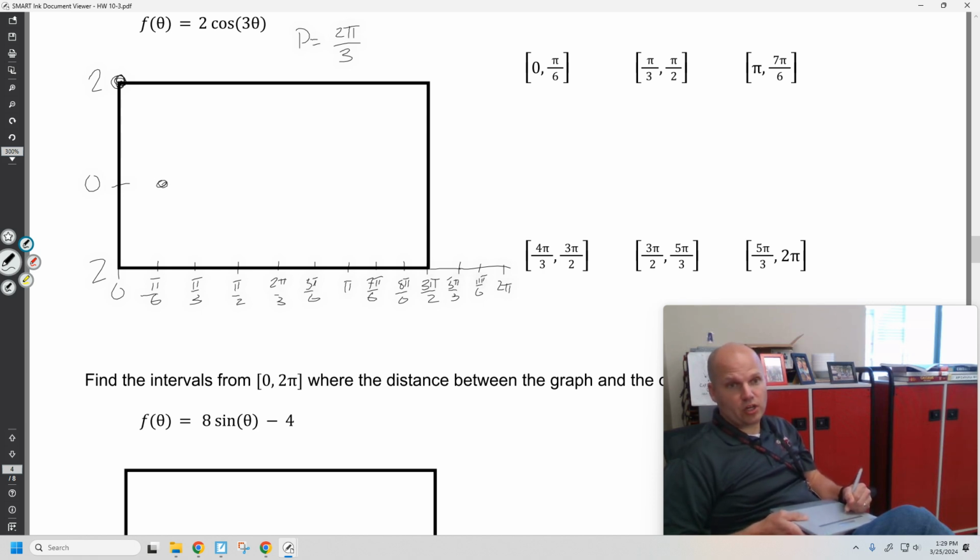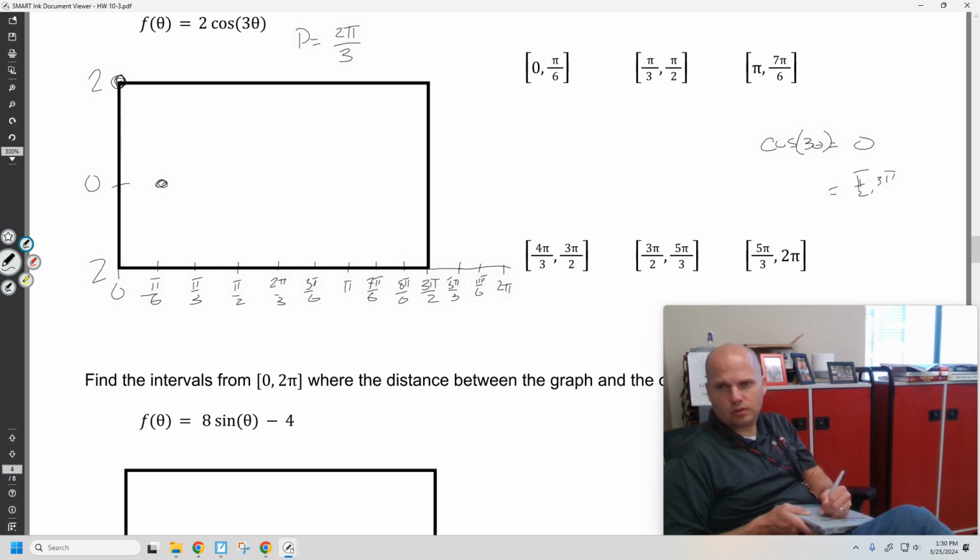Now, all the zeros are going to be at the pi over 6s. If you wanted to solve that, cos 3 theta equals 0. What angles make this cosine equal 0? All the verticals. It becomes pi over 6s and pi over 2s.